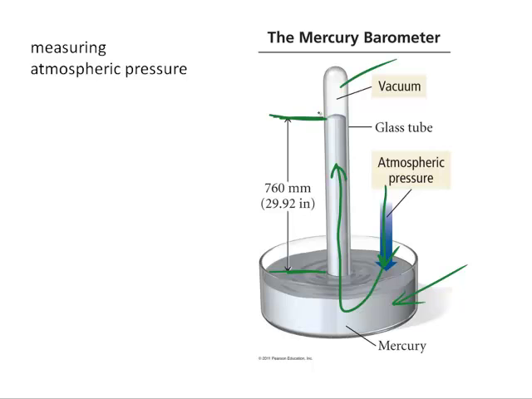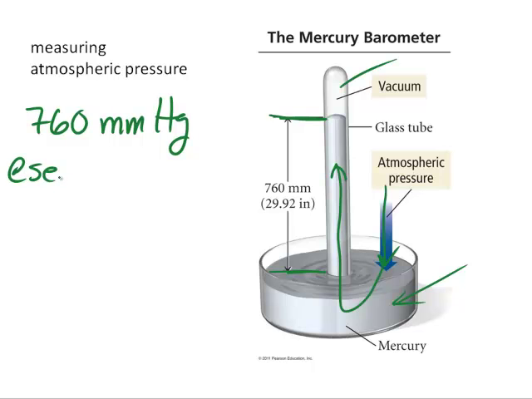So our initial measurement terms for pressure were actually distances, the height of mercury that rose up a barometer. And so if you measured the atmospheric pressure at sea level, you'd get 760 millimeters of mercury, meaning that mercury rose 760 millimeters up the barometer. So this is our sea level pressure.